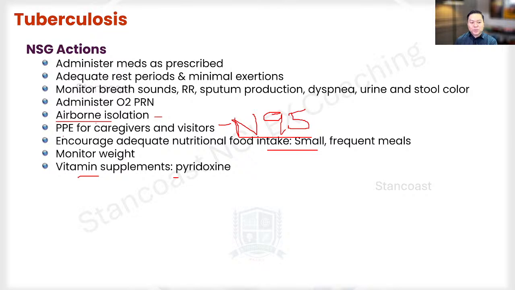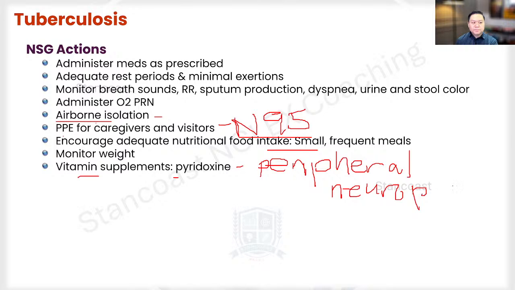This is very important in order to prevent peripheral neuropathy, right? Vitamin B6, pyridoxine.